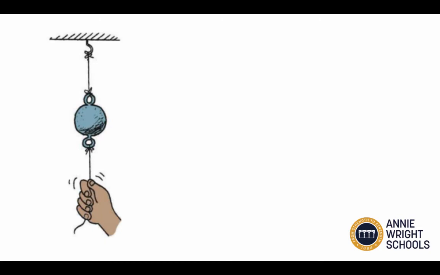Let's talk about mass and weight in this demonstration in your book. That's a really great example of the difference between mass and weight. So mass is the amount of matter that an object has, or as your book defines it, the quantity of matter in an object.